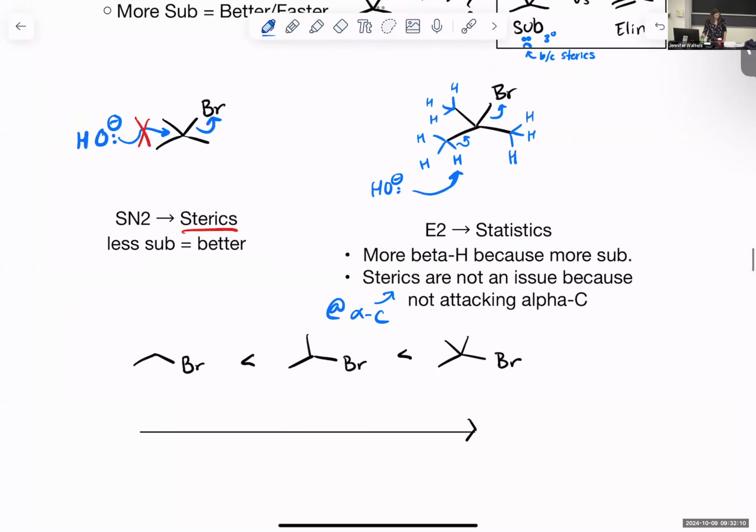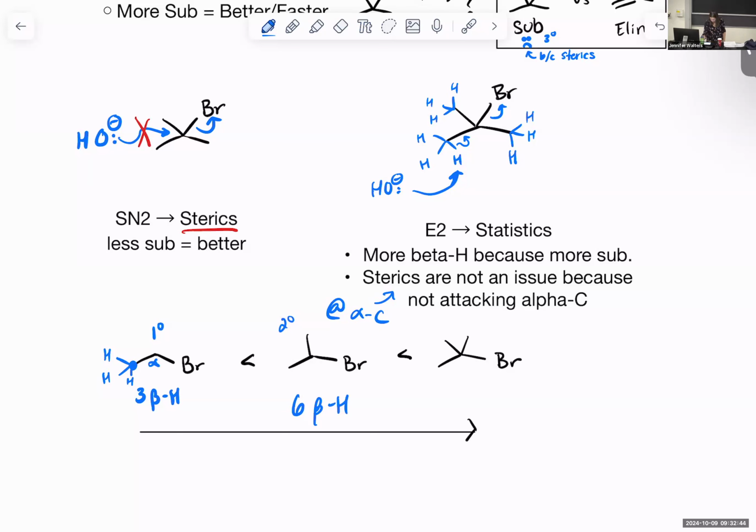Then what that looks like is, for this first one, for my primary leaving group, I see 3 beta hydrogens. Alpha is the one that is directly connected to the leaving group, so I'm looking next door for the beta. There are 3 hydrogens there. So I have 3 beta hydrogens when I'm primary for this molecule. When I go to my secondary, now I get 6 beta hydrogens.